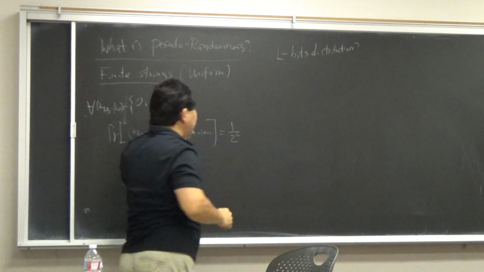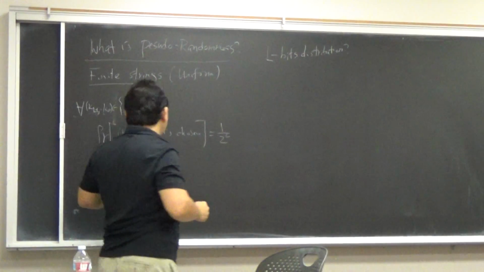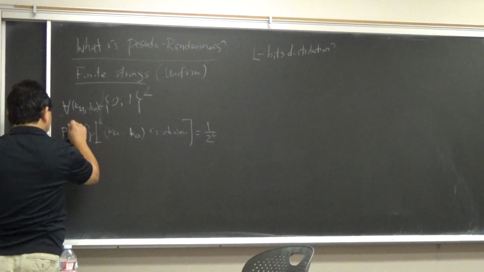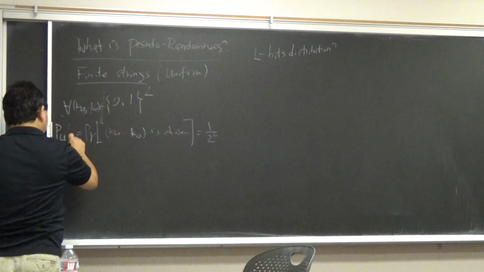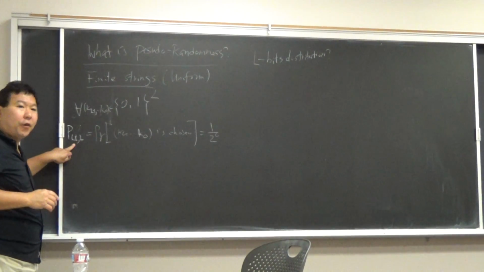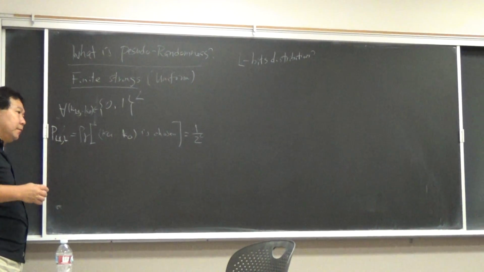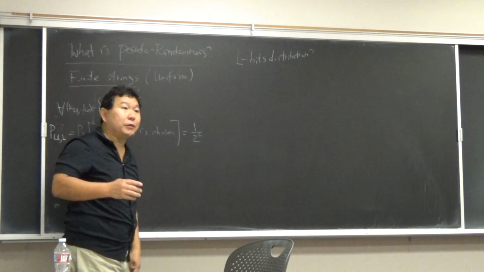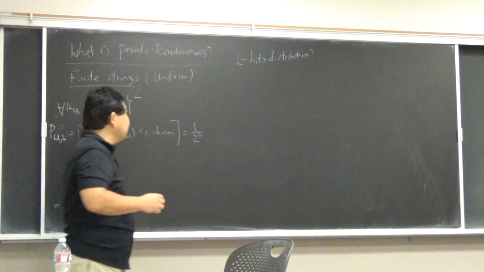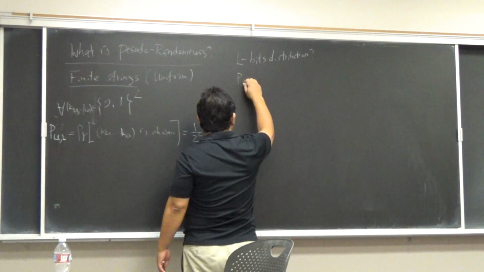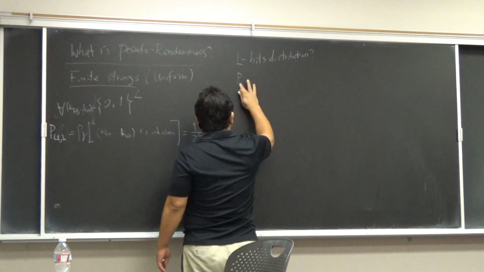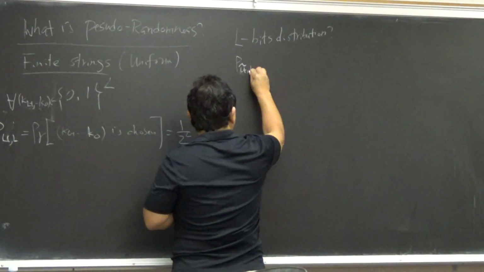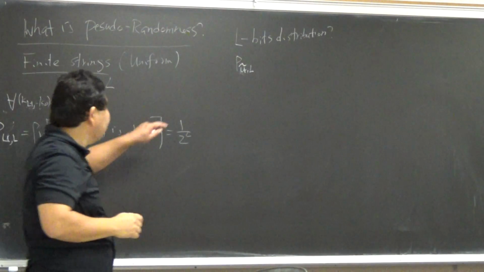Let's call P_U,L the distribution that defines a uniform string of length L, meaning the probability of each string being chosen is 1/2 to the L. Pseudo-randomness means we have some other distribution, let's call it P̃_U,L as shorthand, which is not perfect.